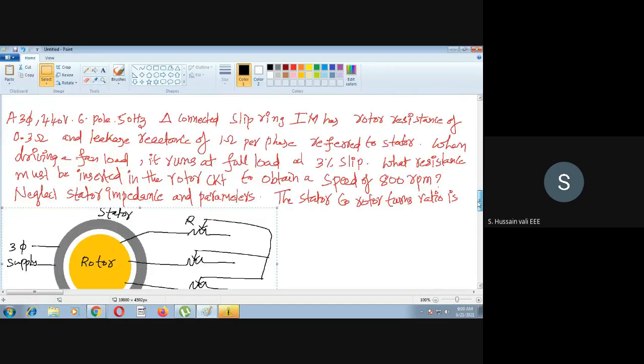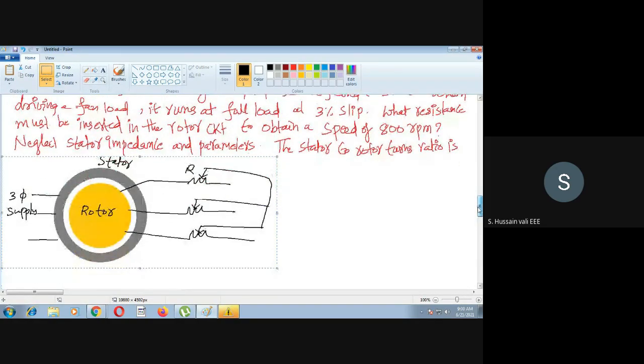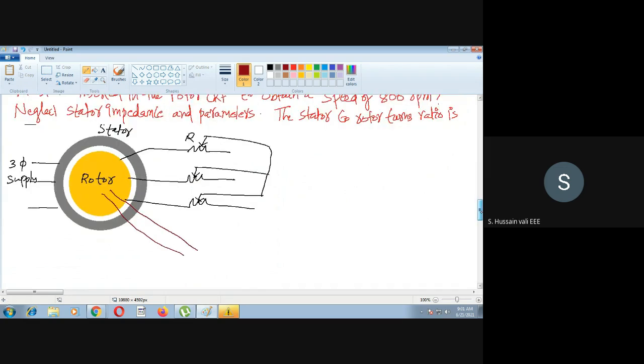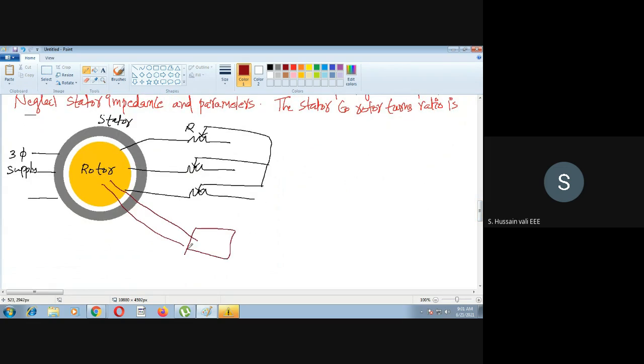So please see here now. What he said is that this rotor is coupled to a fan. That's important. So your rotor is coupled to the fan.